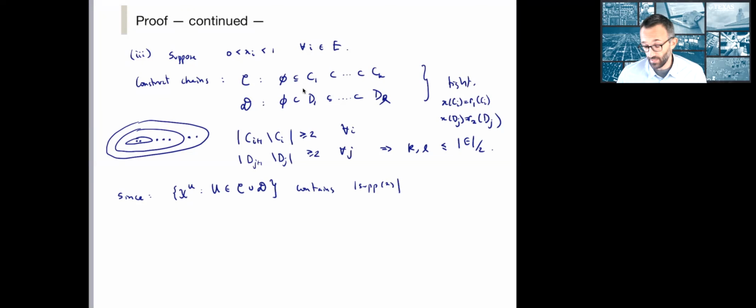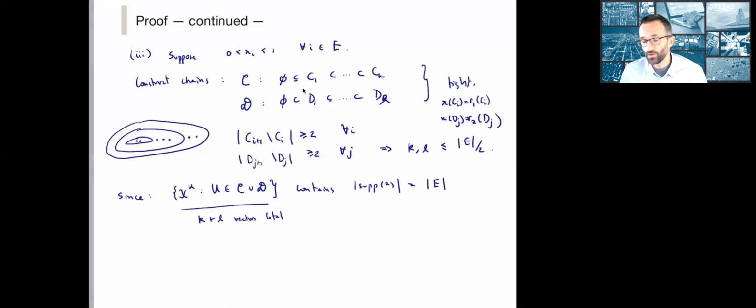But in this case, we know that the support of x is everything, so this is equal to the cardinality of E. But if this contains that many independent vectors, how many vectors total are there in this set? Well, this set contains just k plus l vectors total. So if k plus l vectors total have to contain at least cardinality of E independent vectors, then k plus l has to be at least E.